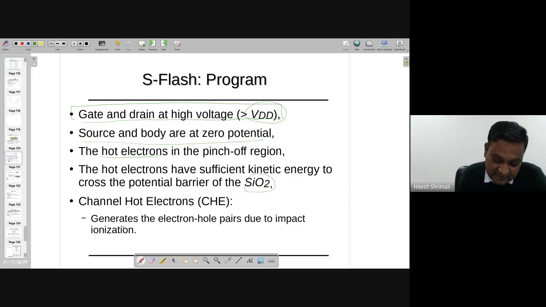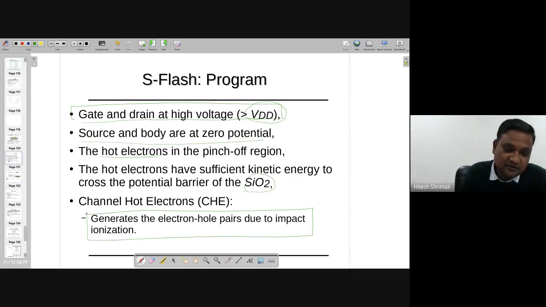When this is happening, it generates electron-hole pairs and impact ionization. All these things you might be studying in detail in the device course. I am not going into that, as it will deviate from the whole purpose of this topic, right?